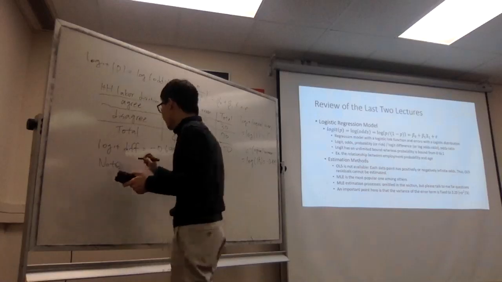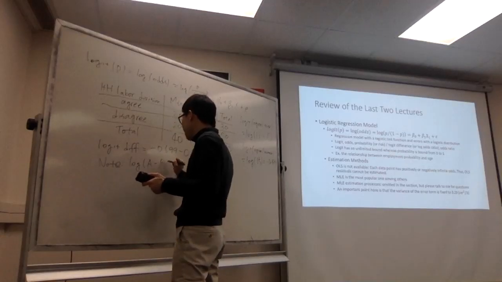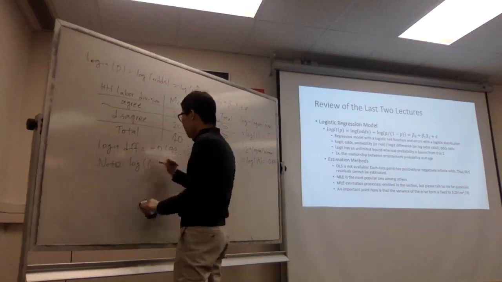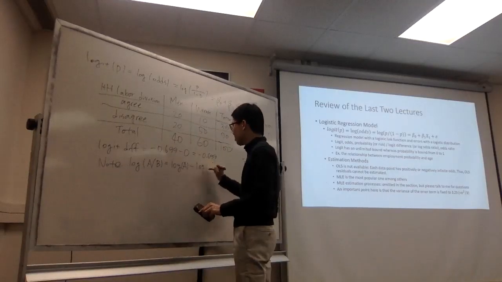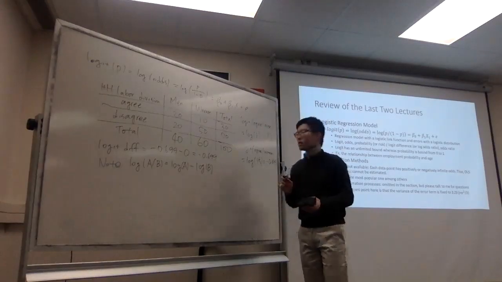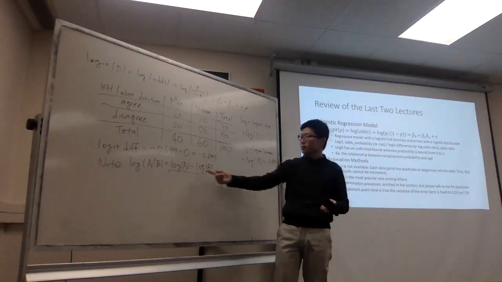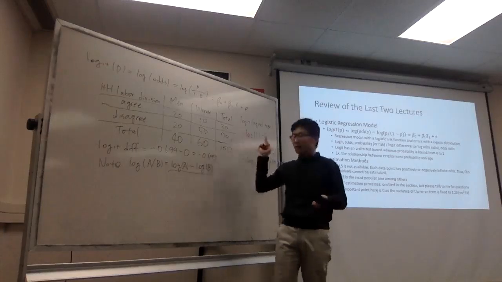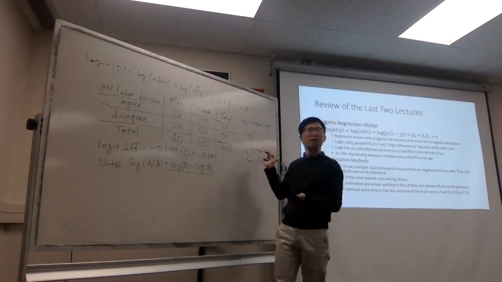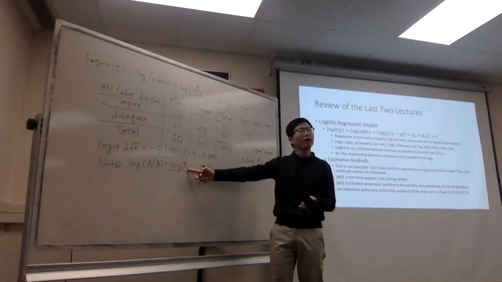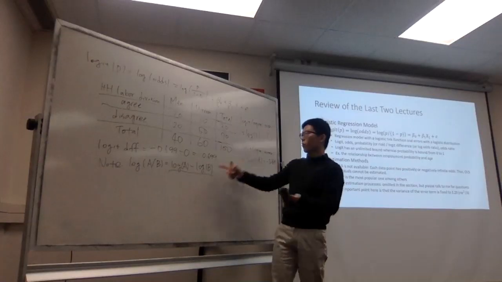I have to make a note that log of A divided by B is log A minus log B. So in our case, A was the odds of agreeing for women, and B was the odds of agreeing for men.